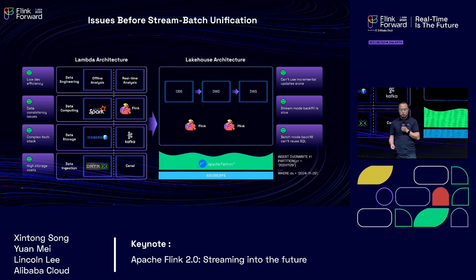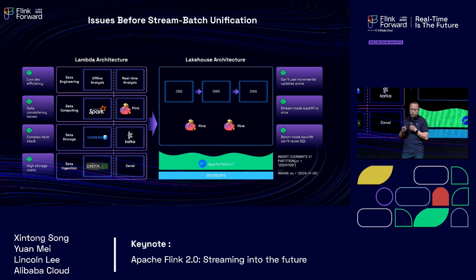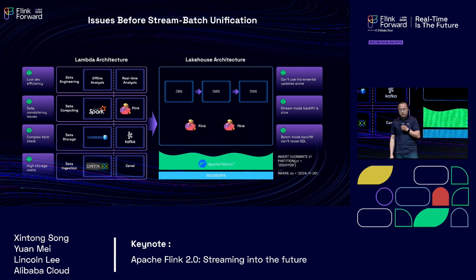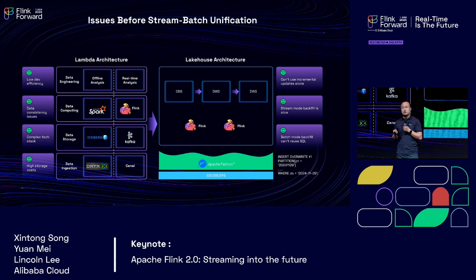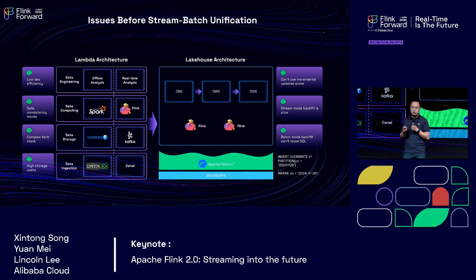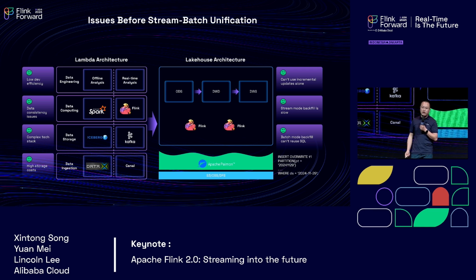From top to bottom, we have two different tech stacks for the two pipelines. This leads to several issues, such as high storage costs because of storage redundancy and a complex tech stack. And users need to develop separately for both offline and real-time. This may cause potential data inconsistency.